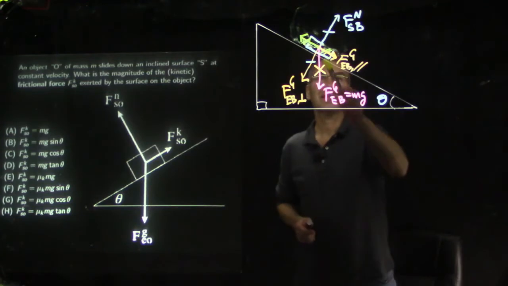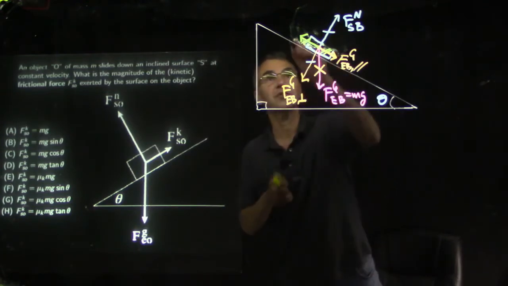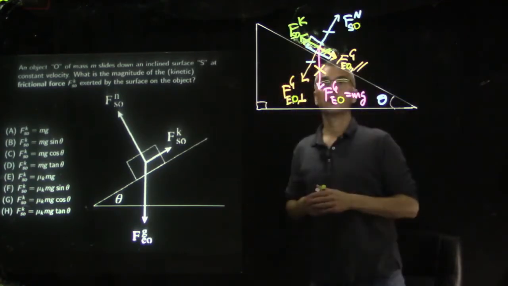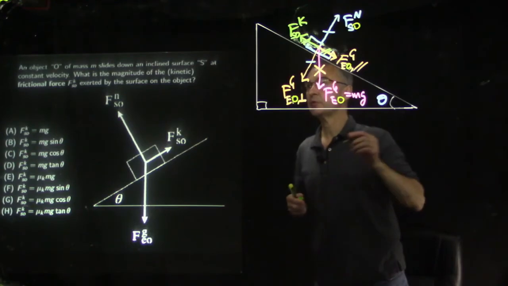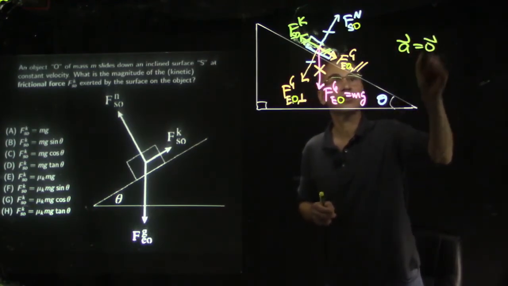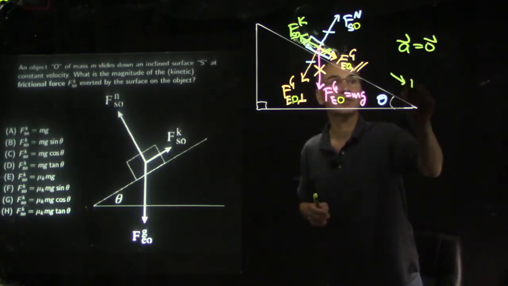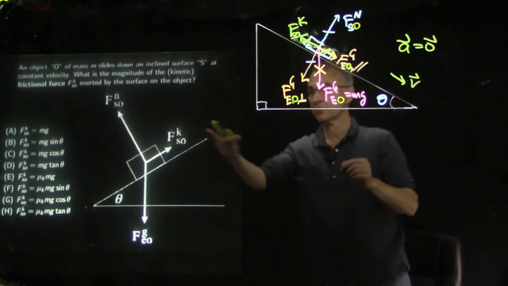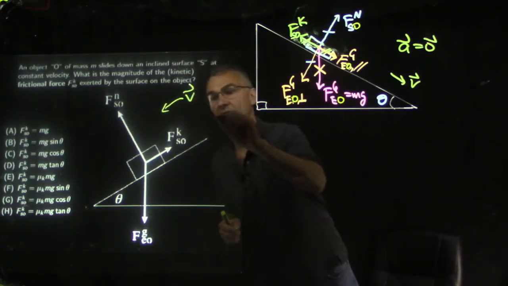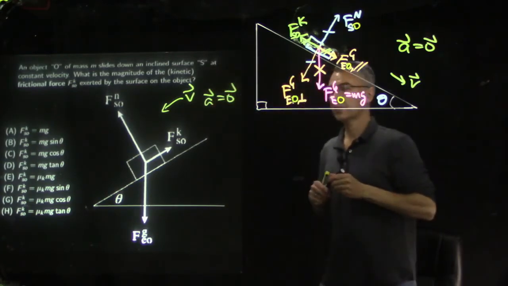You know that this kinetic friction force by the surface on the object, for the object to be moving at constant speed, then its acceleration is 0. The way I've drawn it here, its velocity is downhill. Of course, it's mirrored over here. So here, its velocity points that way, and in any case, its acceleration is 0.